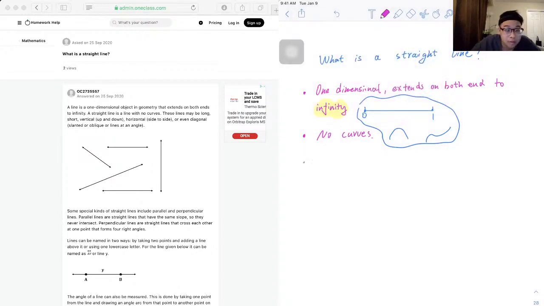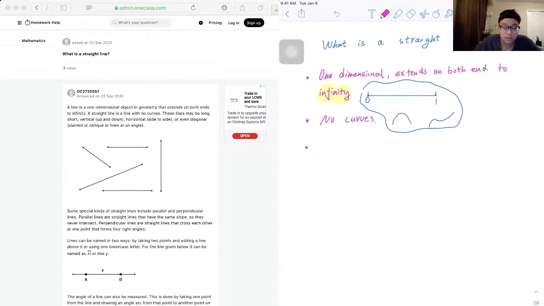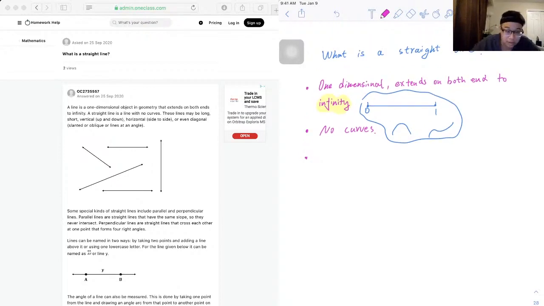And third thing, there's not just one form of straight line. It can be long, short, vertical, like up and down, or horizontal, or even diagonal. So let's write that down. Could be long, short, vertical, horizontal, diagonal.